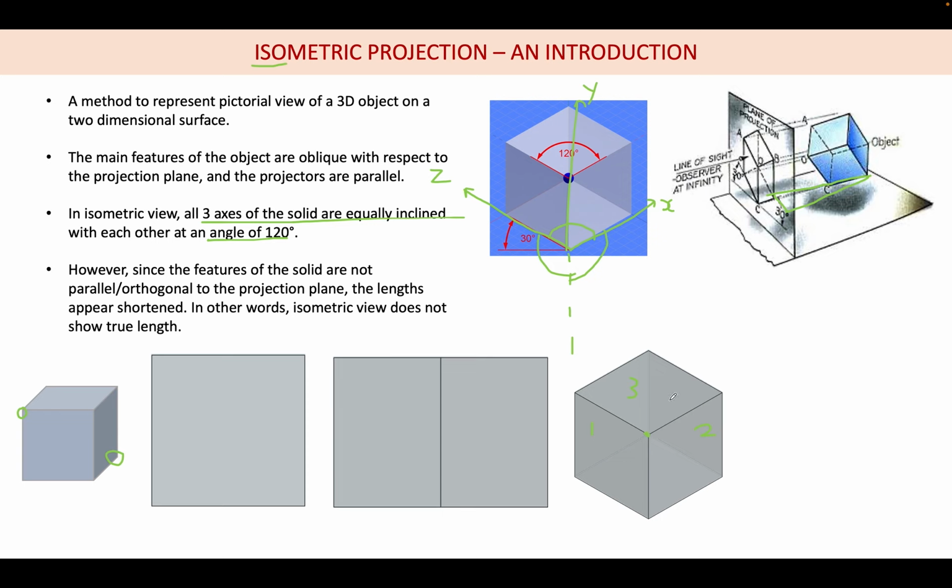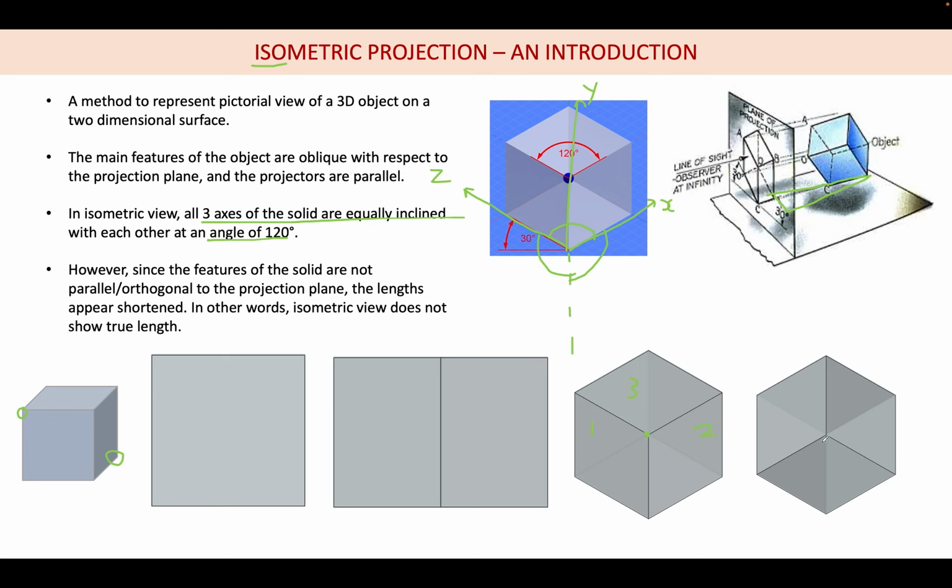So another case: I view this, I slightly incline vertically. Vertically, if I incline like this, you are able to see the top face. If I incline like this, you are able to see this face and the bottom face. So that is what is shown here.